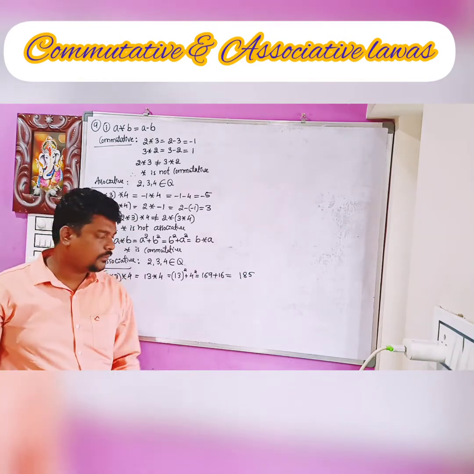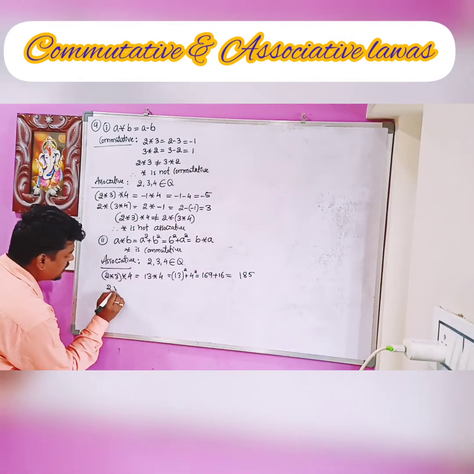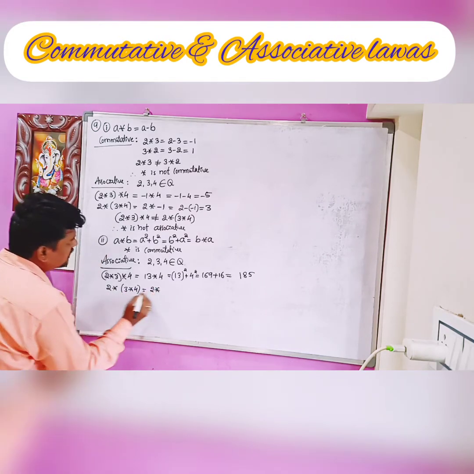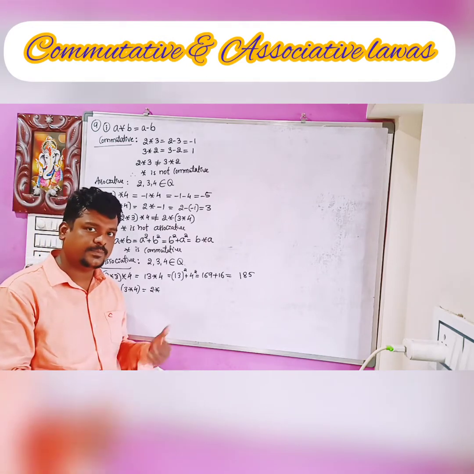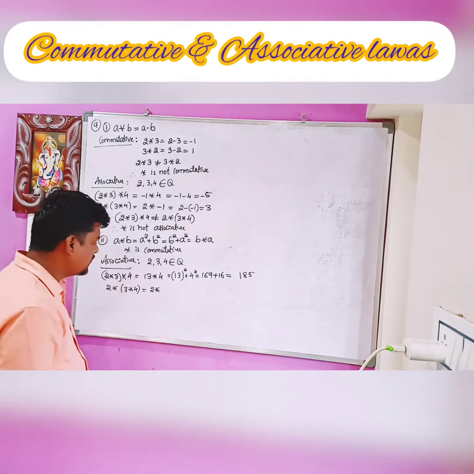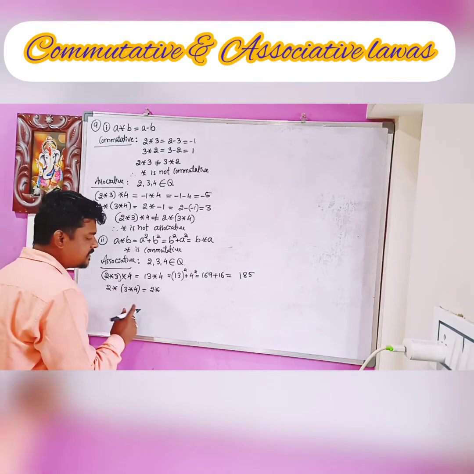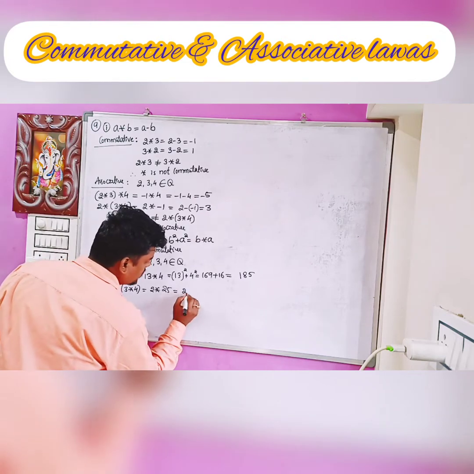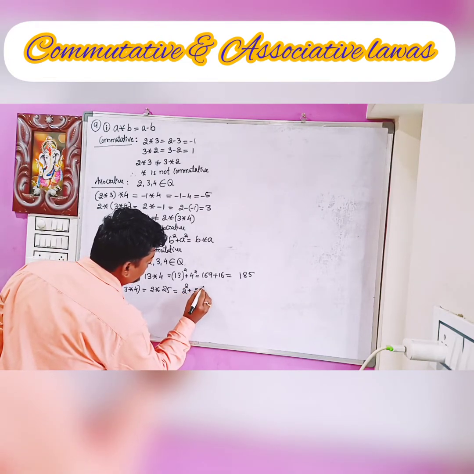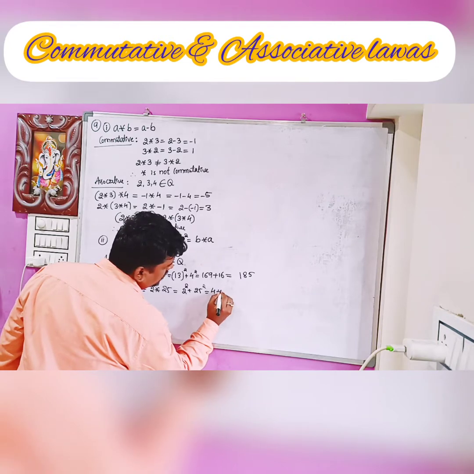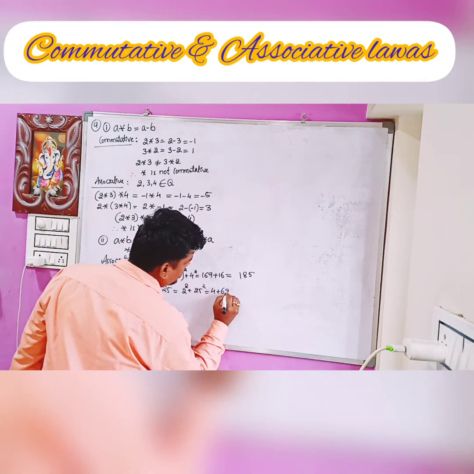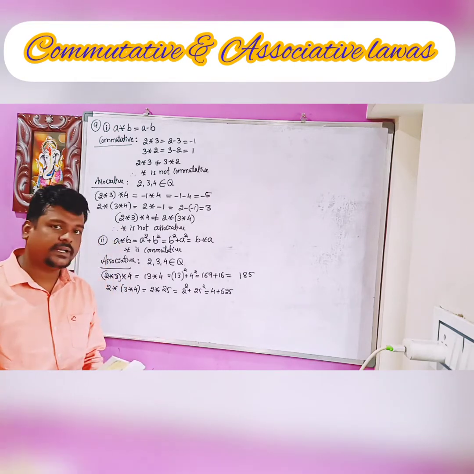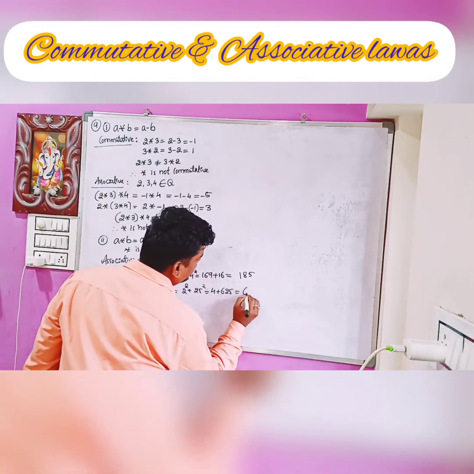Next, 2 star (3 star 4). 2 star, as it is. 3 star 4 means 3 square is 9, 4 square is 16, and 9 plus 16 is 25. 2 star 25 means 2 square plus 25 square. 25 square is 625, so 625 plus 4 is 629.